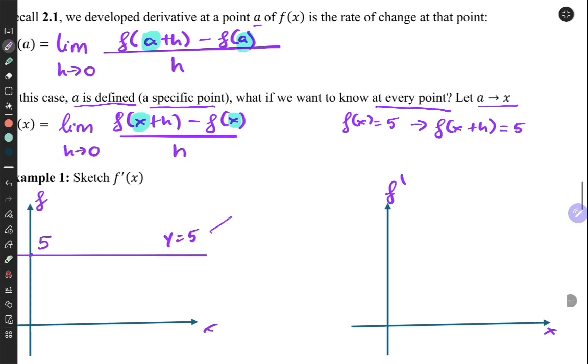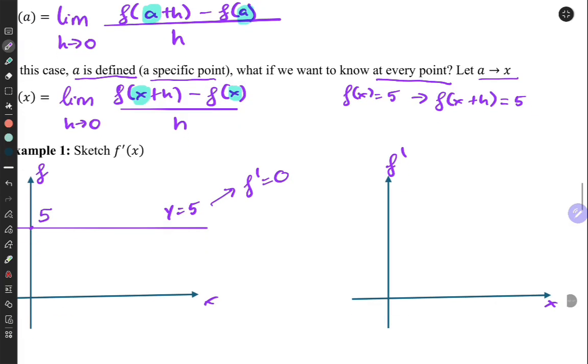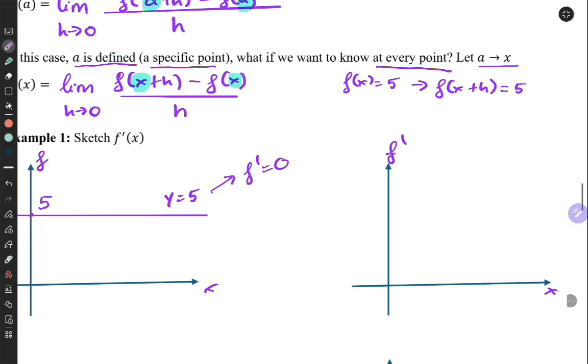So from this, I'm going to draw something 0. f prime equals 0 on the right hand side. You can draw a parabola, a line, a cubic, an absolute value, you can draw many things. But how do you draw 0?